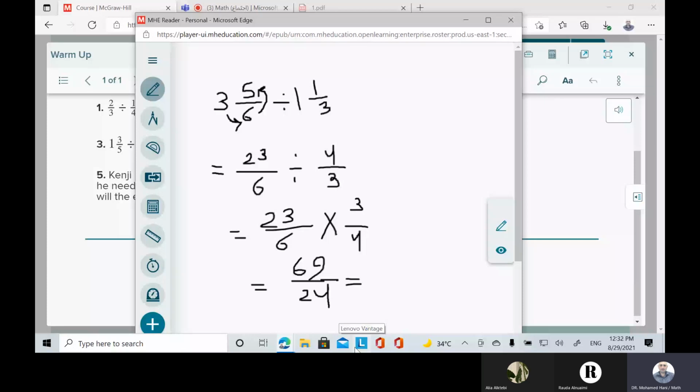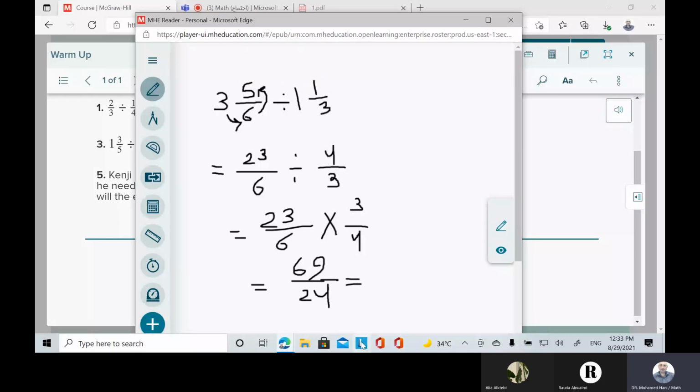Simplest form. Who can tell me what is the GCF again? Do you remember how to find the GCF? Sheikha, do you remember how to find the GCF? Okay, Yazia, listen to me, I will revise this idea.